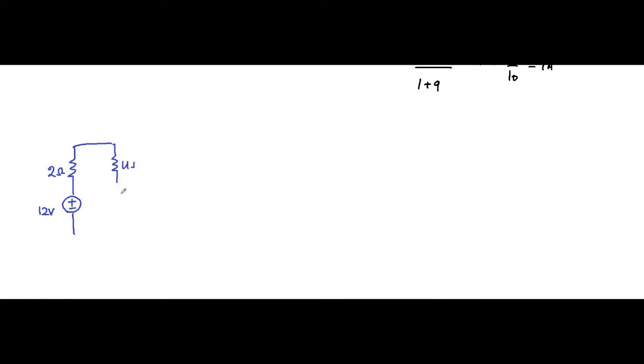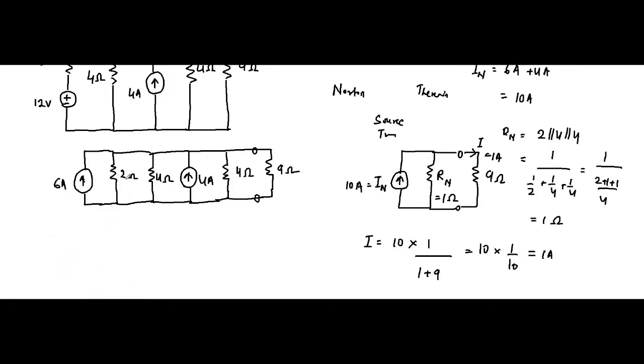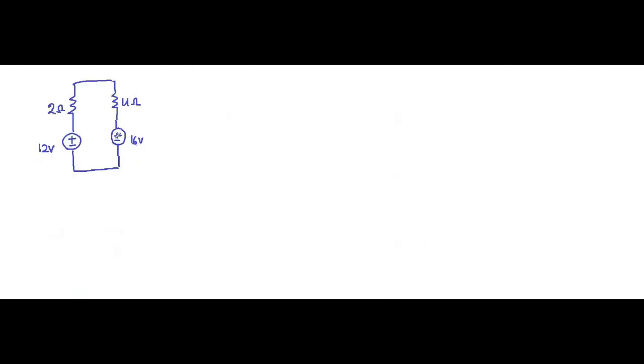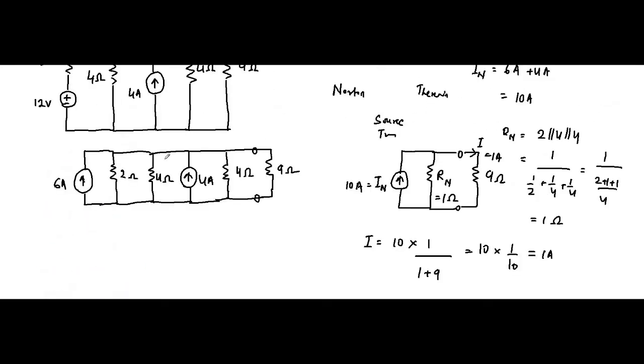I have placed this polarity plus minus because the 4 ampere is directed upwards. If it had been downwards, then I would have placed the polarity minus plus. Because the current direction is upward, I placed plus minus.